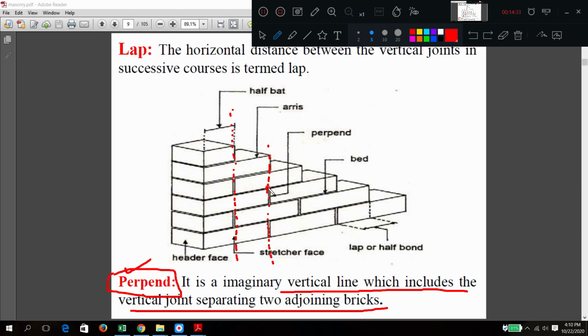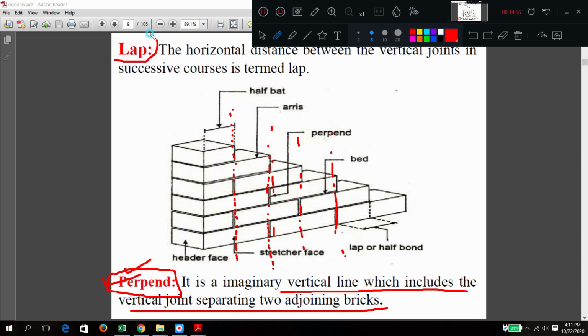Similarly, if this is the beginning of this perpend imaginary line, it is not going here, but in the alternate layer it is matching that vertical joint. So this way we can call imaginary lines which are passing through alternate vertical joints, these are called as perpend.